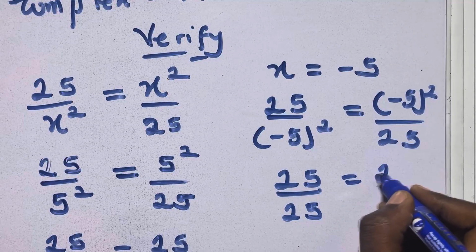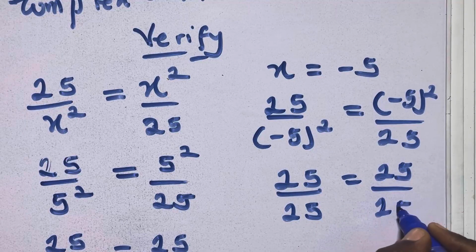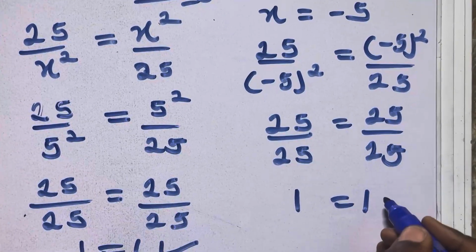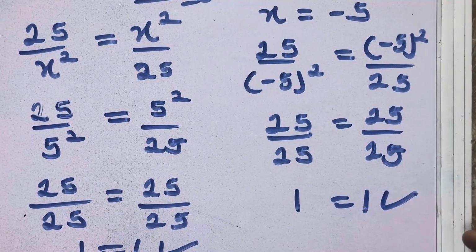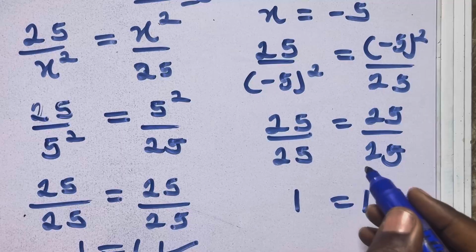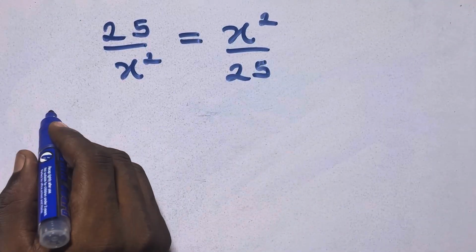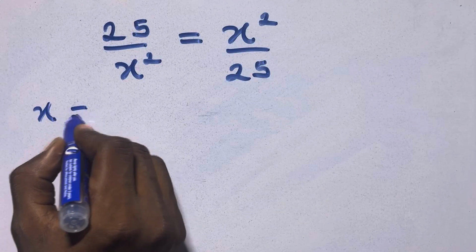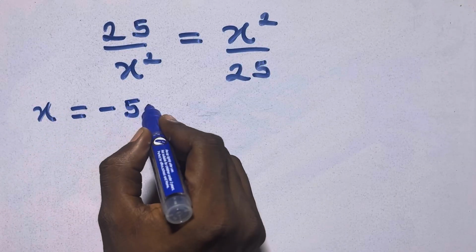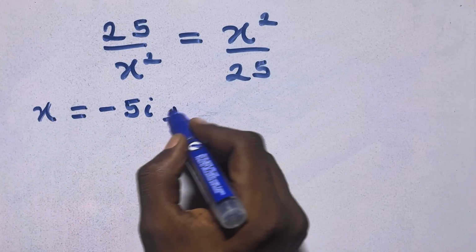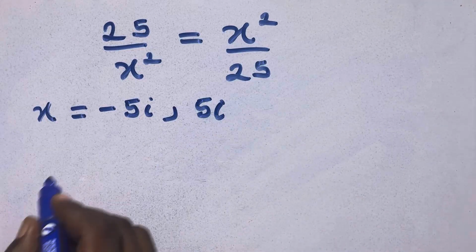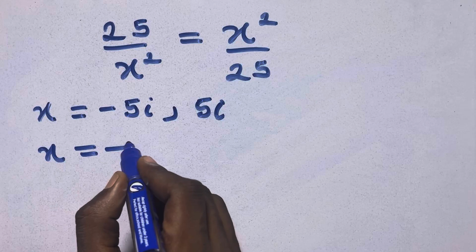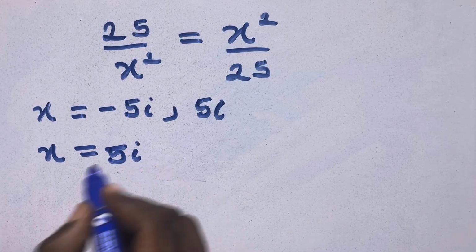And 25 divided by minus 5 squared will give us 25 divided by 25, and we are going to have 1 equals 1. So that means that for our real solutions, they are real. So let's have a check for our complex roots too. Don't forget we got our complex roots minus 5i and 5i. So let's first go with 5i.